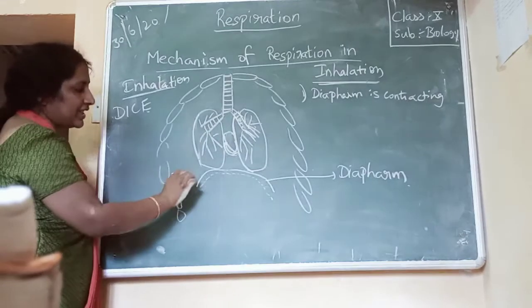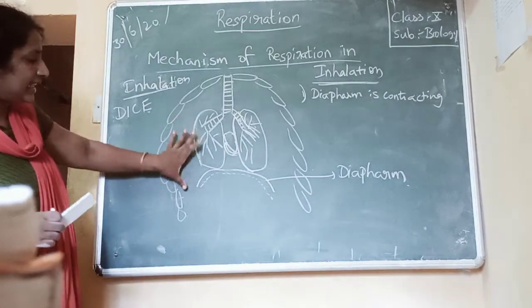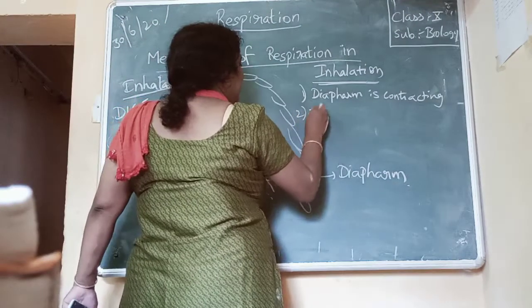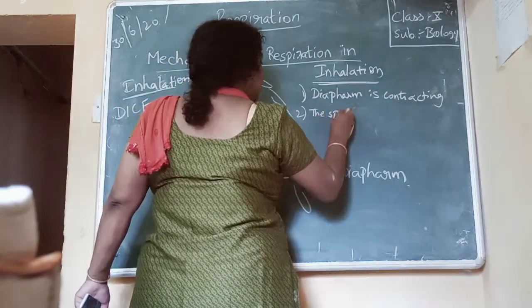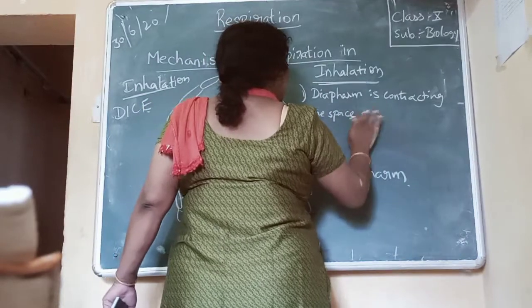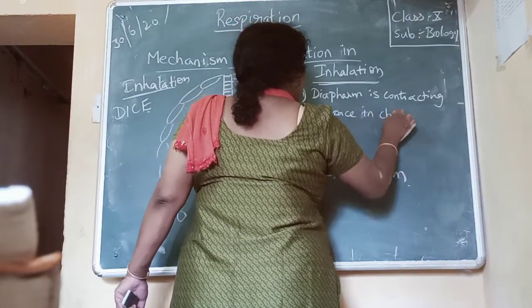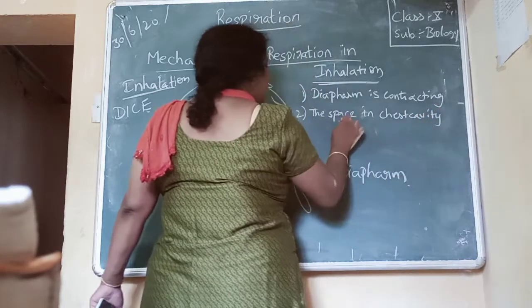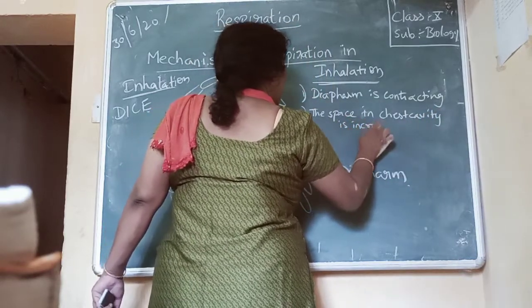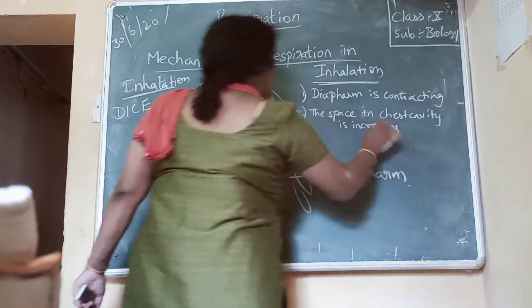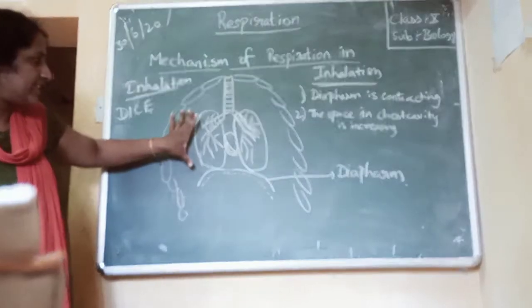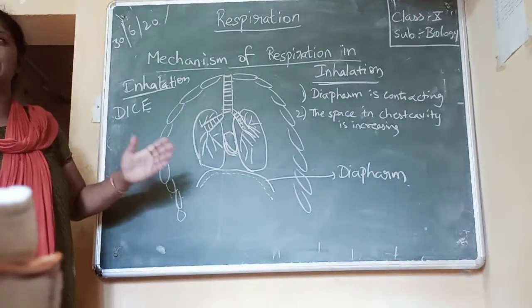So the space in the chest cavity is increasing. When the diaphragm is contracting, the space in the chest cavity is increased.